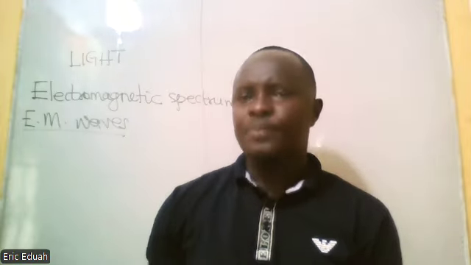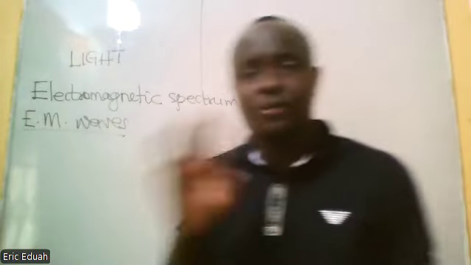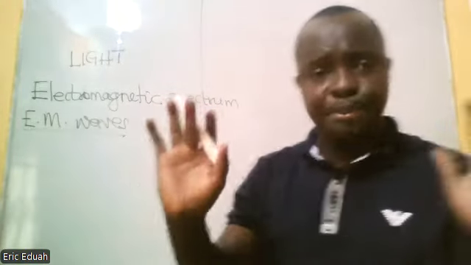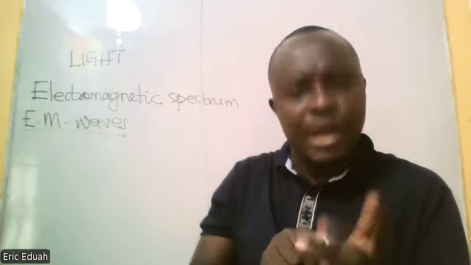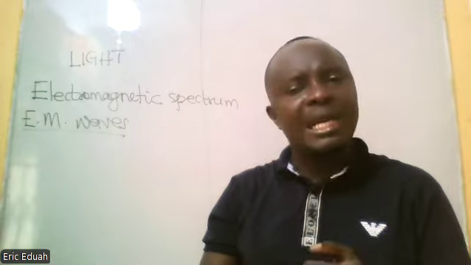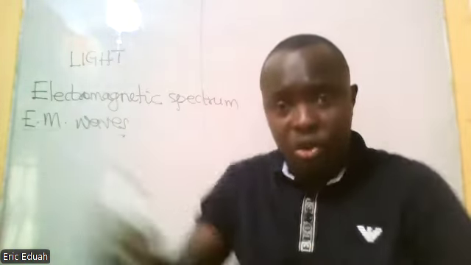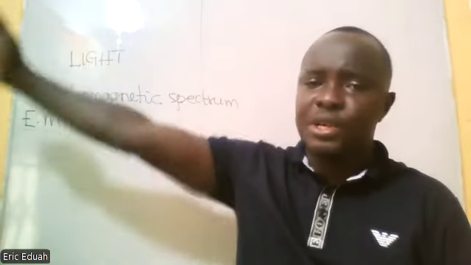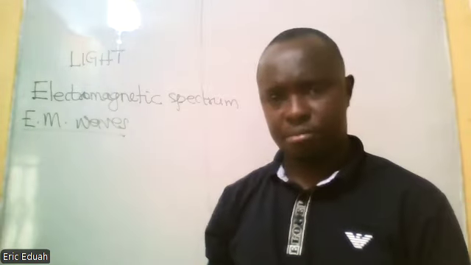Okay, so when we talk about electromagnetic waves and the classification of waves, we have two main parts. We have what we call mechanical waves and electromagnetic waves. For mechanical waves, before they can be propagated or transmitted from one point to another point, there must be a medium.